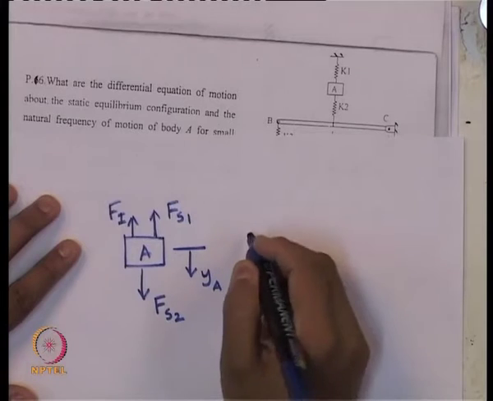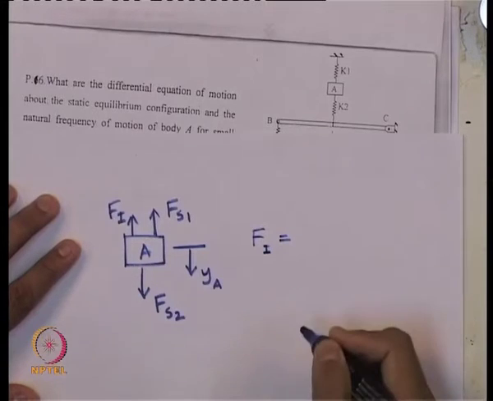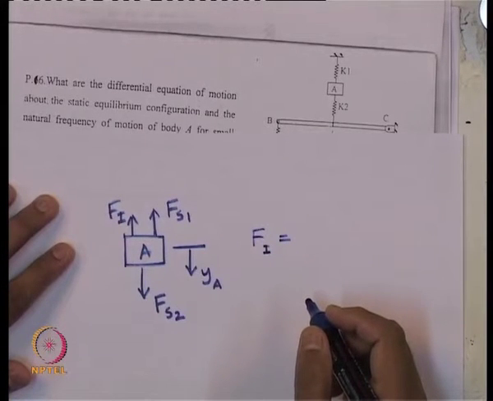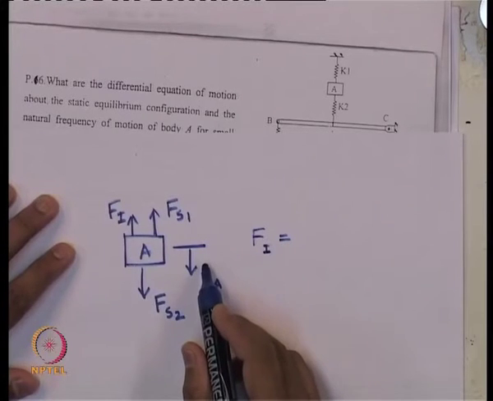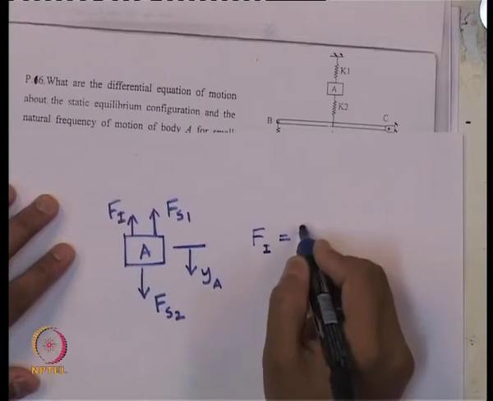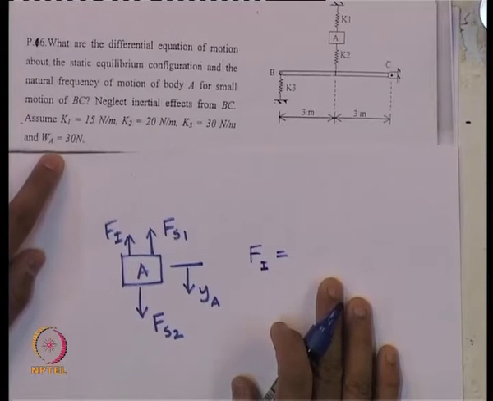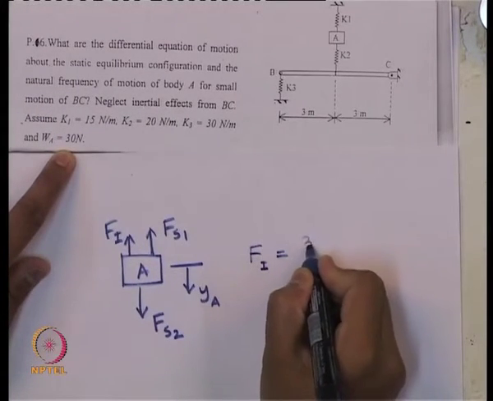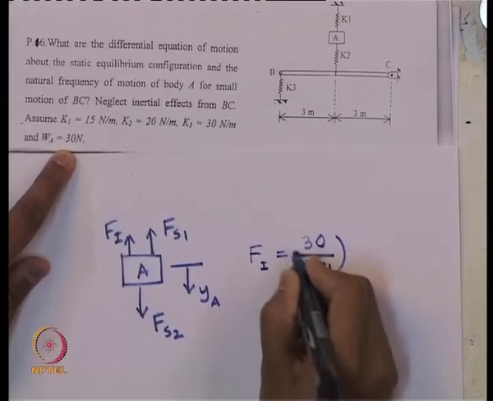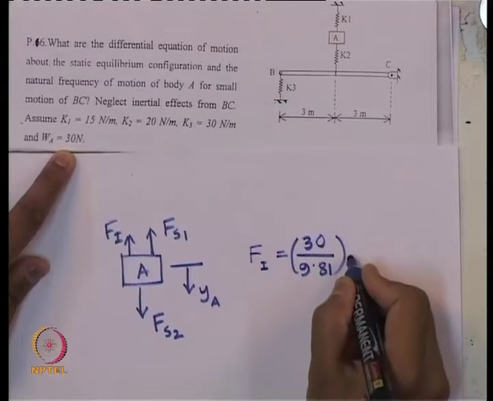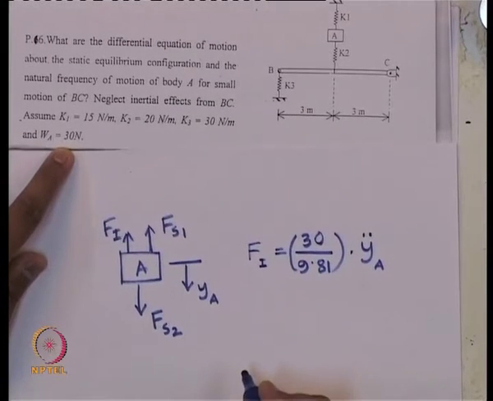If it is so, how much will be our F I for this free body diagram? Mass times acceleration. How much is the acceleration? y A double dot is the acceleration. How much is the mass? The weight of body A is given as 30 Newton. So, mass will be 30 divided by 9.81, times y A double dot is the inertia force.